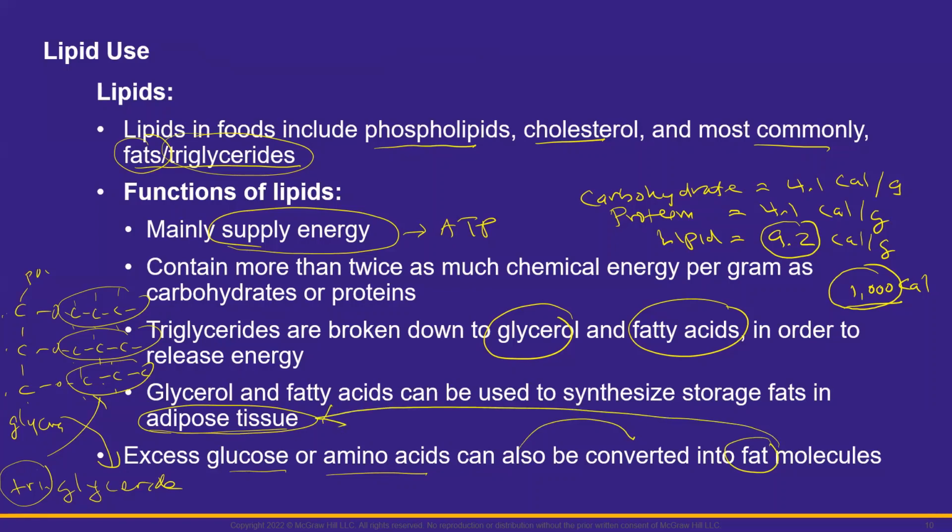Let's say we only need 2,000 calories per day, but we eat maybe 5,000 calories per day. Then what happens? The rest will be stored. Some will be stored as glycogen, and most will be stored as fat in the fat tissue.